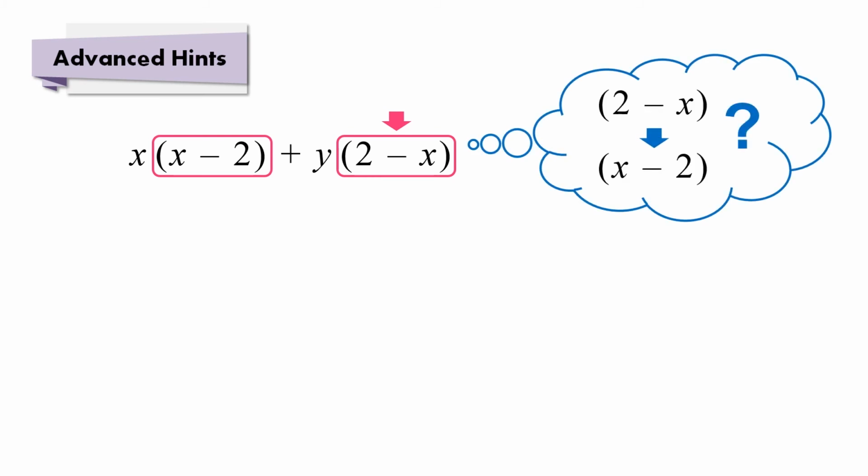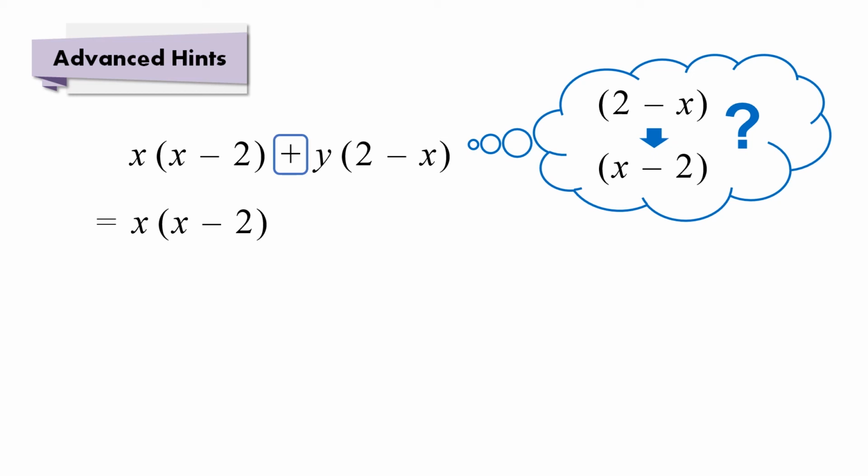How can we do that? It is simple. We just simply take out the negative sign. Let me show you the steps. First, copy x times x minus 2 at the front. Next, we change the positive sign to a negative sign. Copy y.